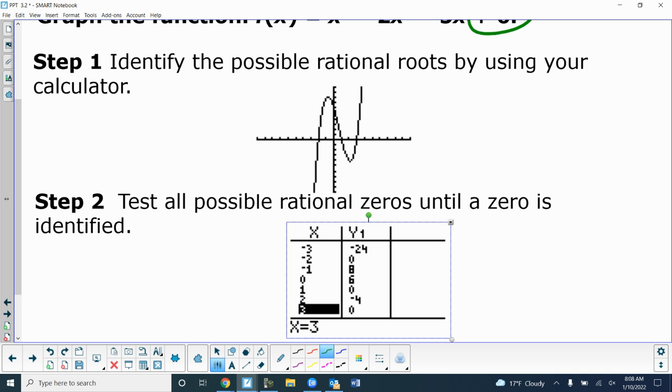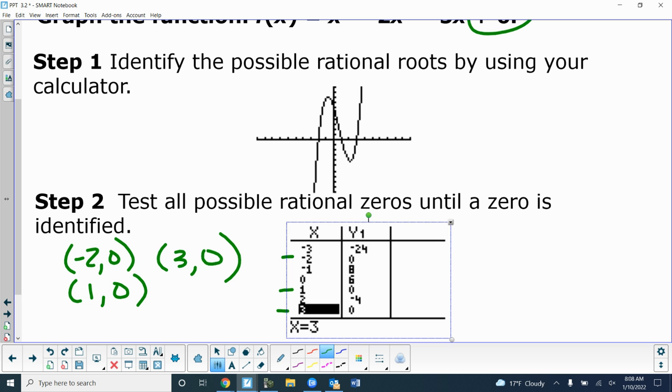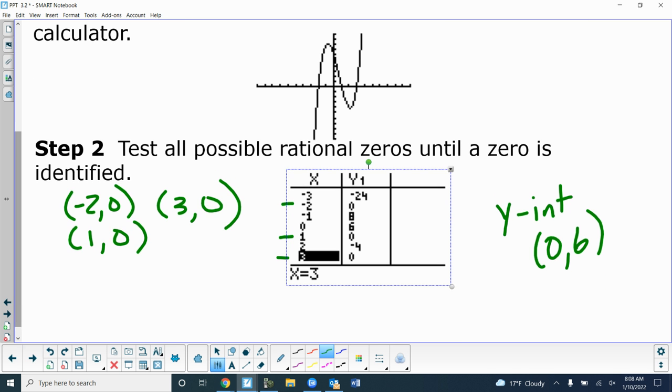Okay, so there's a 0, there's a 0, and there's a 0, right? -2, 0, 1, 0, and 3, 0. We knew what our y-intercept was by looking at the problem.